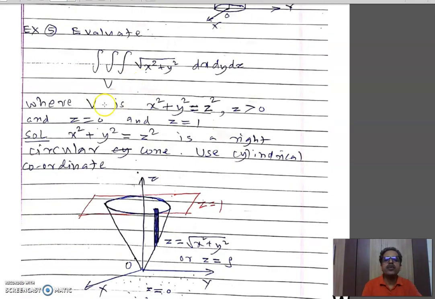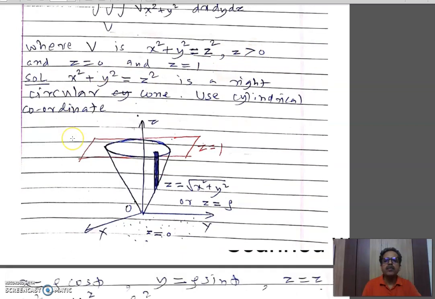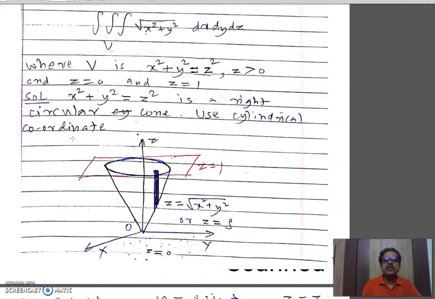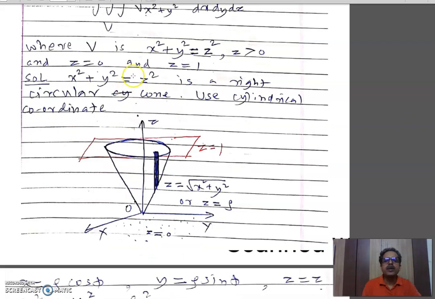Let's see the problem. We are given V is x square plus y square equal to z square, and z is positive, and z is 0 and z is 1. Now this x square plus y square equal z square is a right circular cone, and so we have to use cylindrical coordinates. As we have taken z greater than 0, it is the upper part of the cone, and here we have to consider one column.